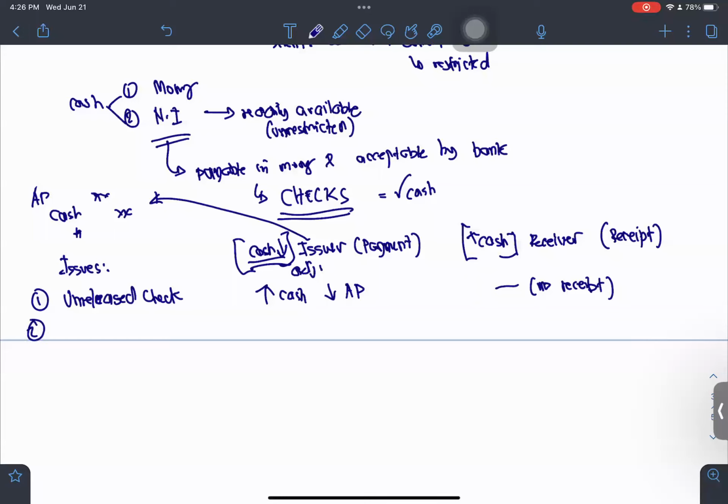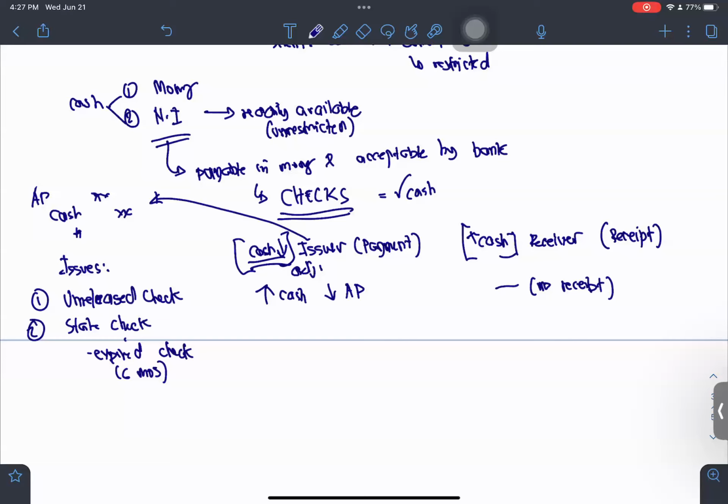Second issue regarding your check is your stale check. So what is a stale check? A stale check is known as your expired check. Under the legal parlance, we can say that the check is stale whenever the check is not encashed within 6 months from its issuance.